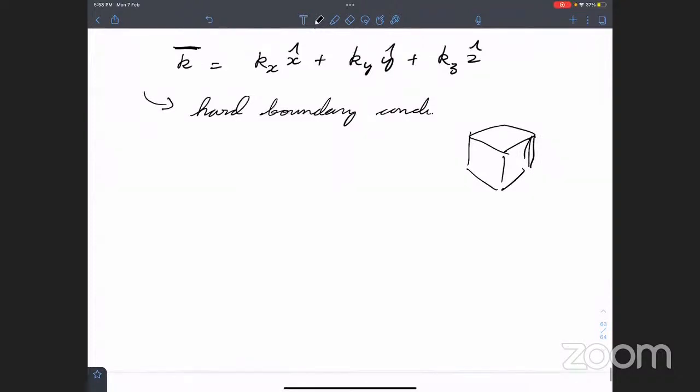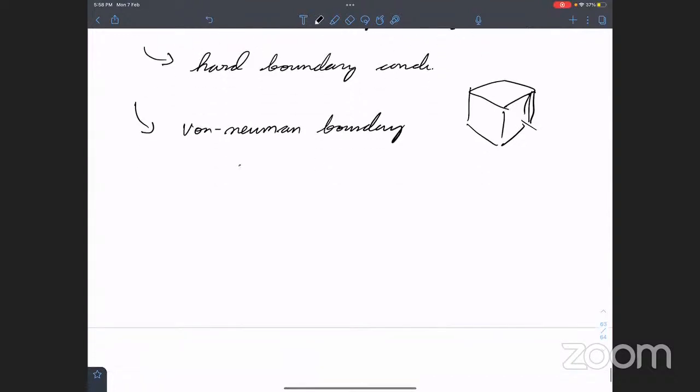Now there is another kind of boundary condition, which is called the Neumann boundary condition. Instead of saying that the wave function actually goes to 0 outside, it imposes something called a periodic boundary condition.